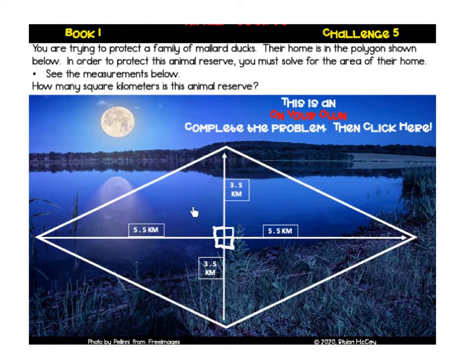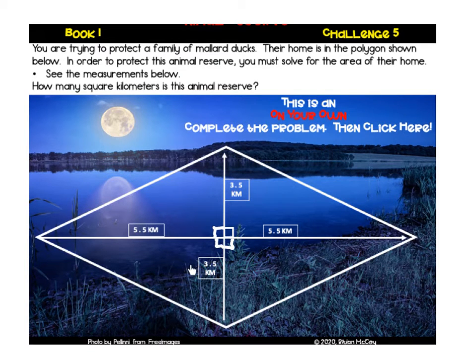Now, if you notice, this is also the same because this is 5.5, the same as this over here, and the height, once again, is 3.5. So this triangle will have the exact same area as this one and as this one. And once again, this one will also, because the base is here at 5.5 kilometers, and the height is once again 3.5 kilometers.